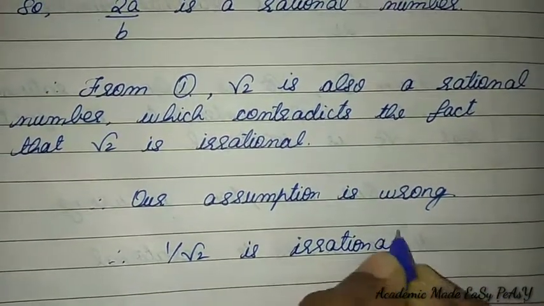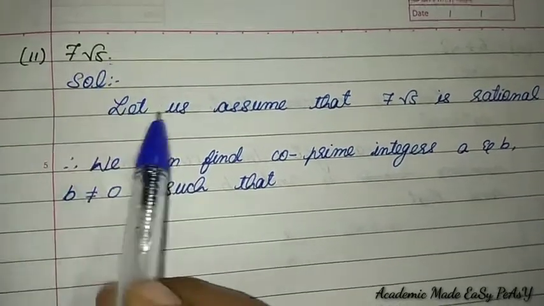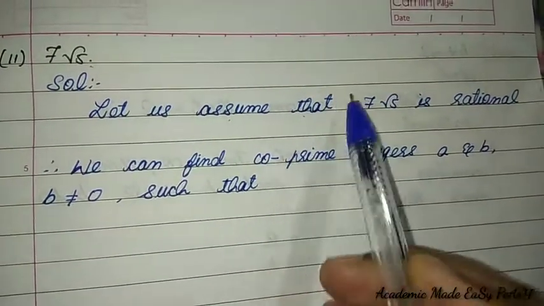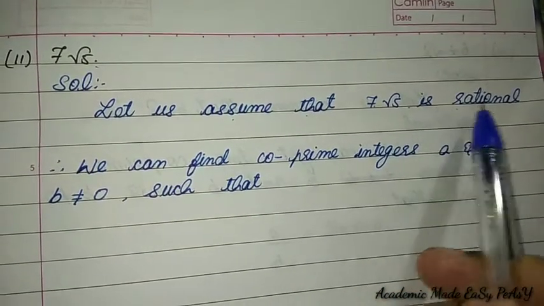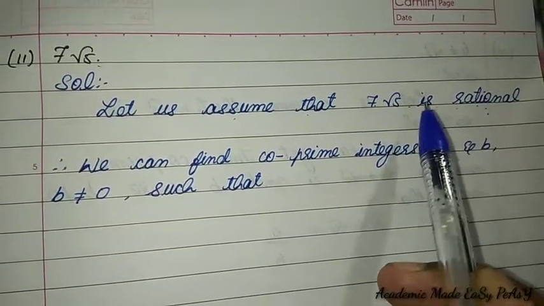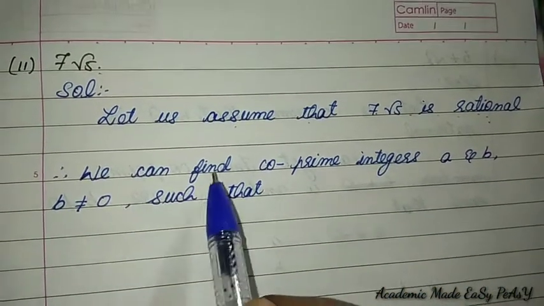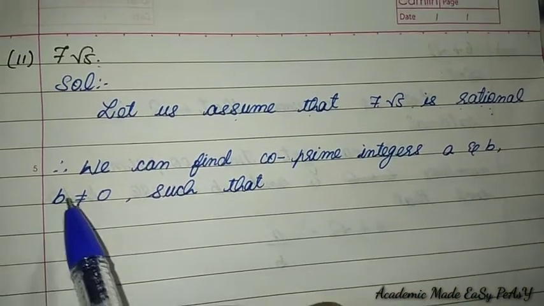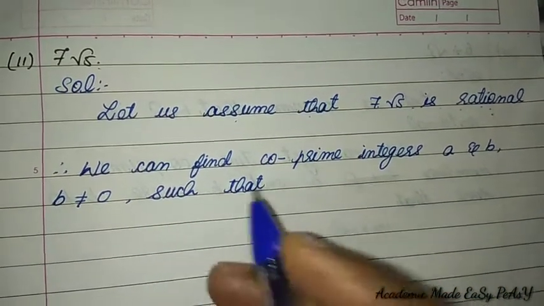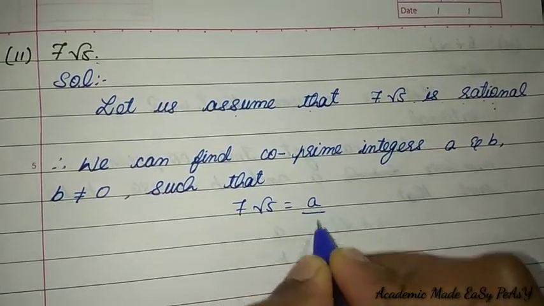Division 2, 7 root 5. So let us assume that 7 root 5 is rational. If we assume this as a rational number, it means it can be expressed in the form of a by b, isn't it? So we can find two coprime integers a and b, with b not equal to 0, such that 7 root 5 is equal to a by b.